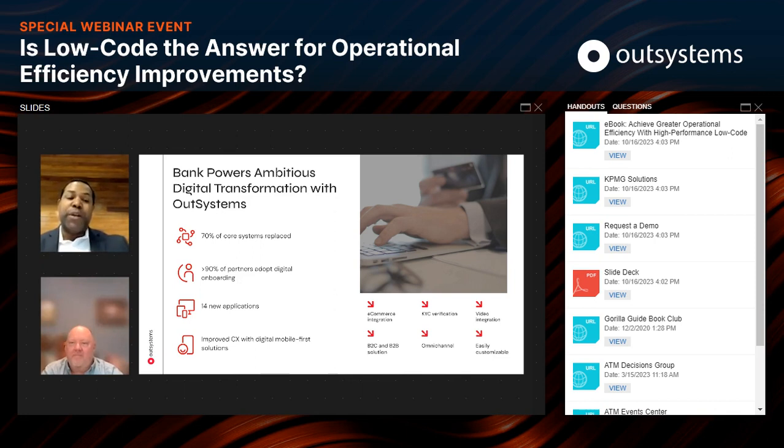But it was very encouraging to see that over 90% of the partners adopted that digital process, one, for their own efficiencies, for the user and customer experience on the front end, and then being able to flow that data digitally throughout the middle and back offices was another benefit that we saw as a result of that high level of adoption.